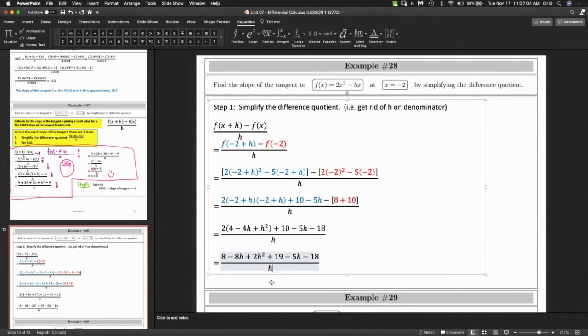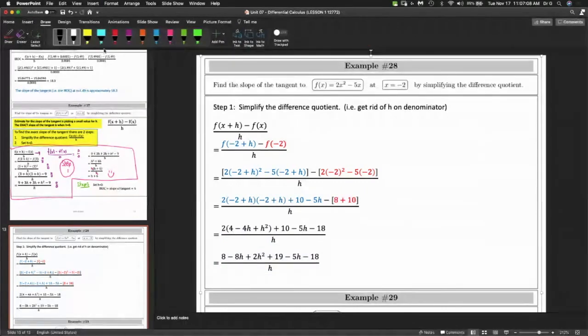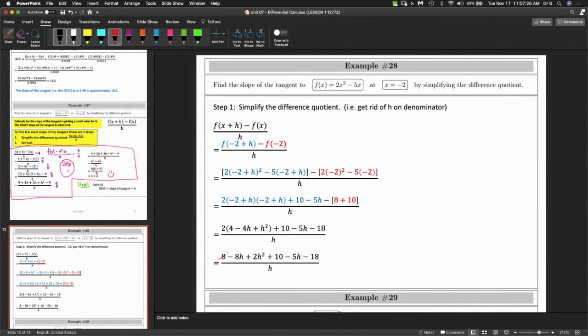Let's take a look here if we can cancel some stuff out. I noticed that the numbers go away. 8, well that's a 10, sorry. That's me typing on the keyboard. So that's 8 and 10 and 18. So they go away. Perhaps I need to use a thinner pen there. So 8, 10, 18 go away.